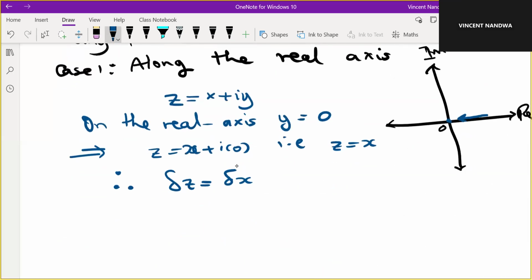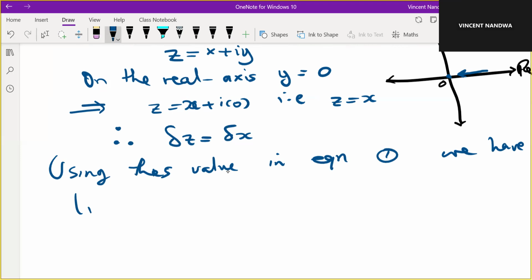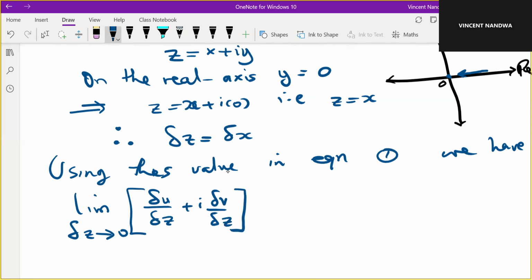Using this value in equation 1, we have that the limit as delta z approaches 0 of delta u over delta z plus i delta v over delta z will be given by the limit, and instead of delta z we replace by delta x.